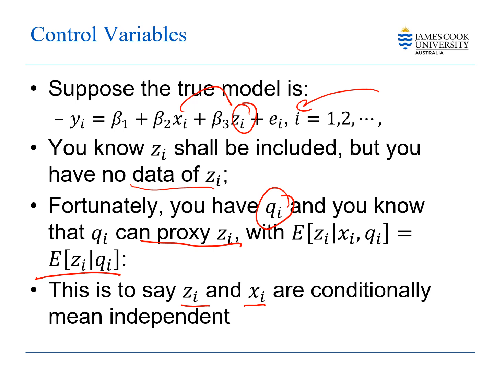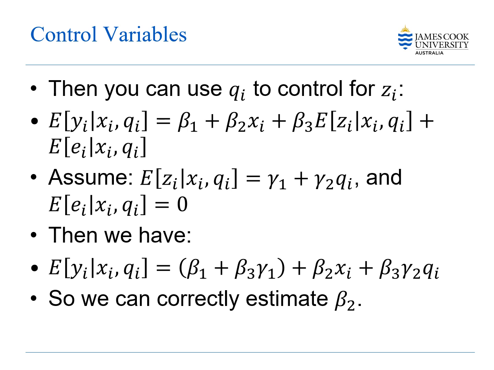So if this is the case, if Z and X are conditionally mean independent given Q, then we can include Q as a control variable. So we can use Q to control for Zi. So our true model is this.